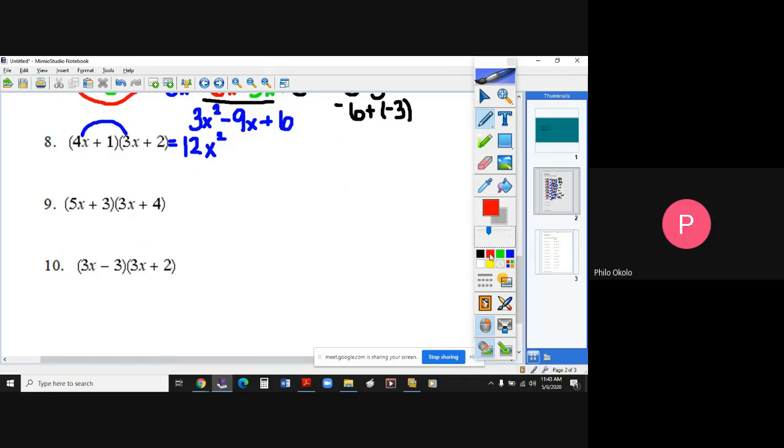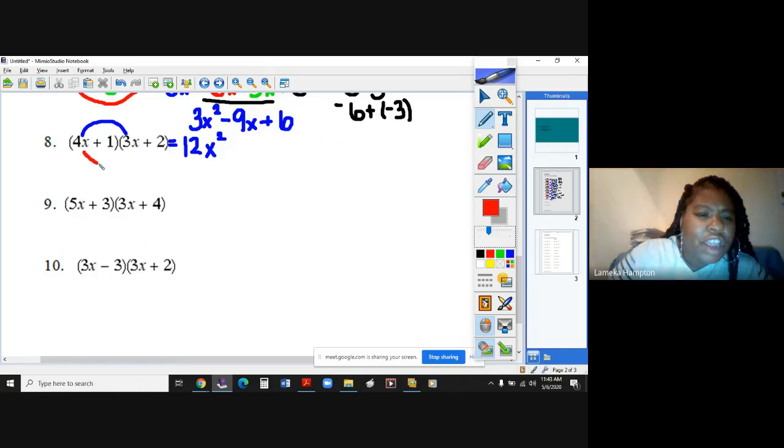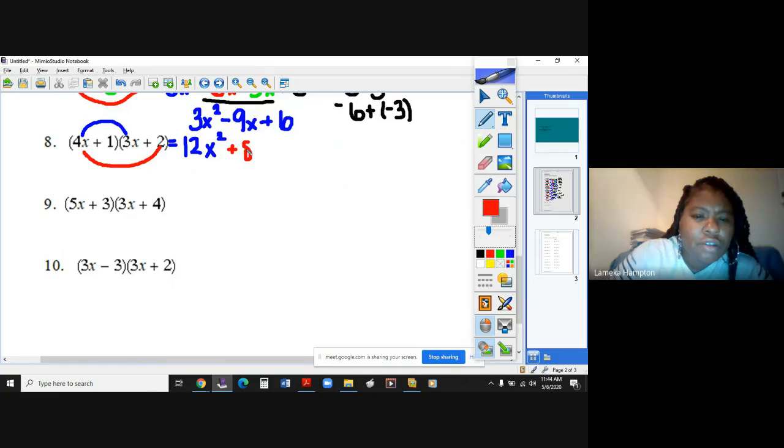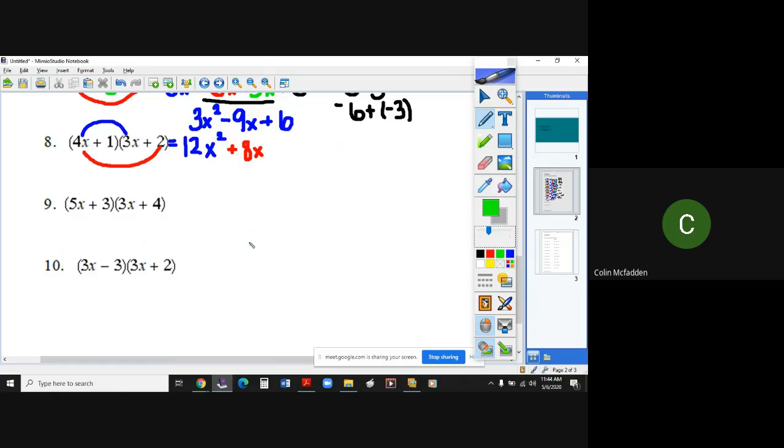Keep going. 4x times 2, and that gives me a what? 8x. All right. Keep going. The 1 times 3x, which is 3x.